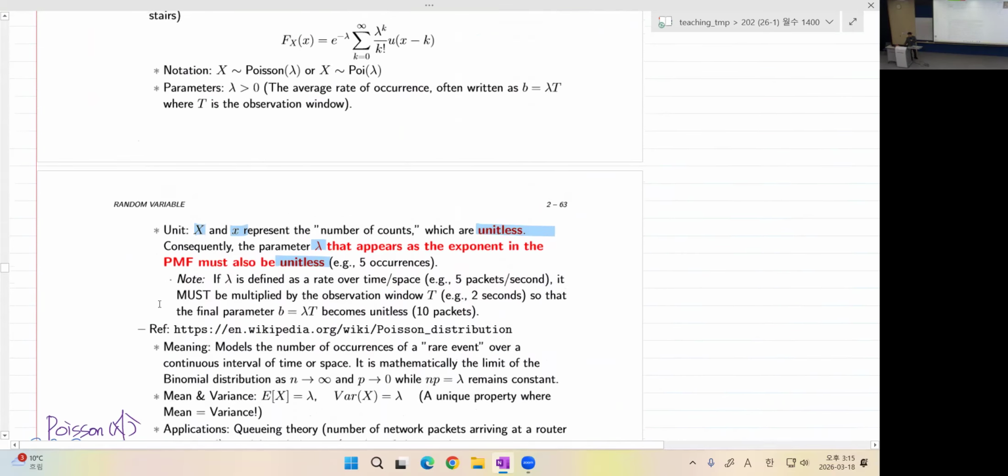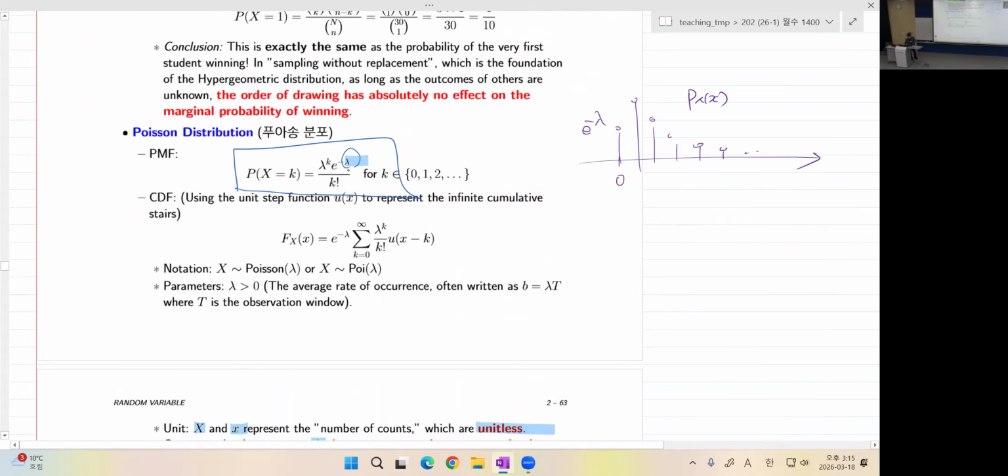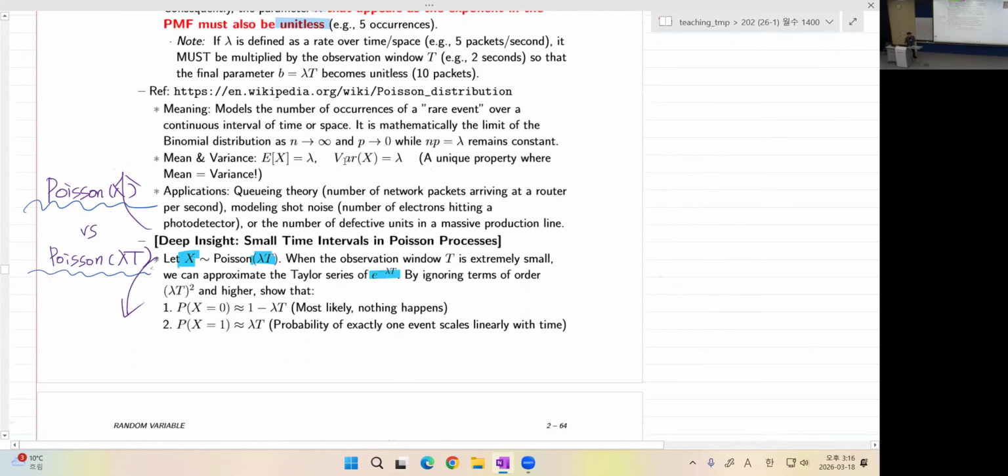As you see here, this lambda is the parameter in the exponent of the exponential function. So now, if t has the unit of seconds, you immediately sense that lambda has the unit of per second. And that will appear when you study random processes, especially Poisson random processes.